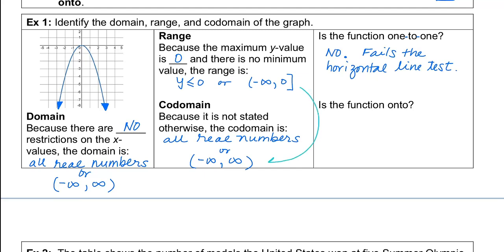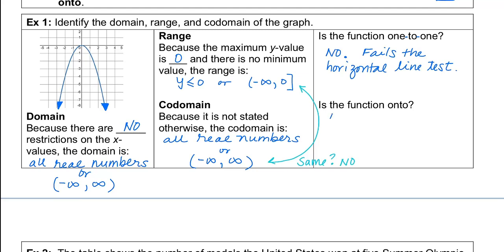So you're looking at these here. Are these the same? Is negative infinity to 0 the same as negative infinity to positive infinity? So the answer is no, right? So it's not onto.